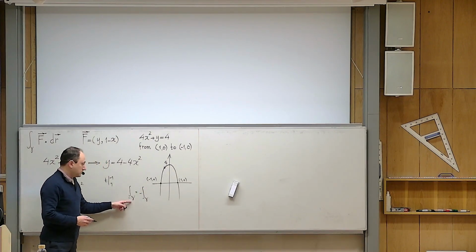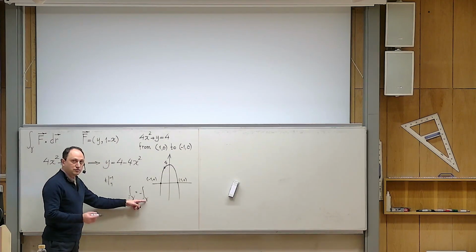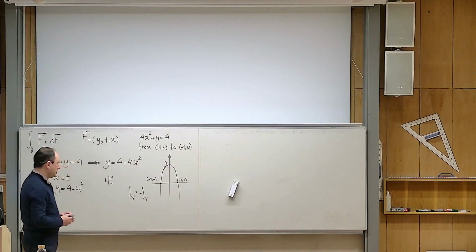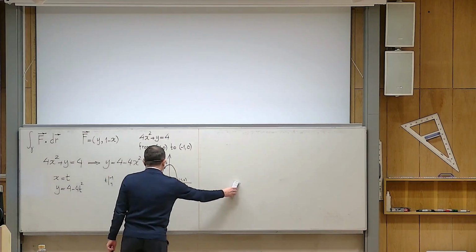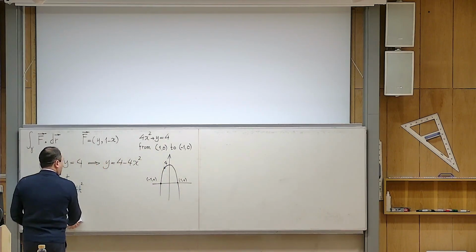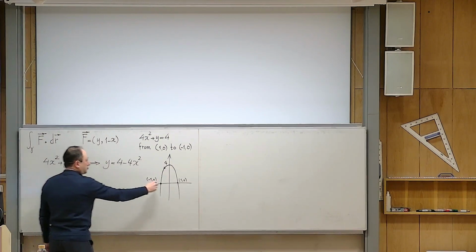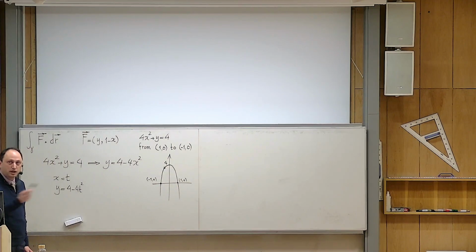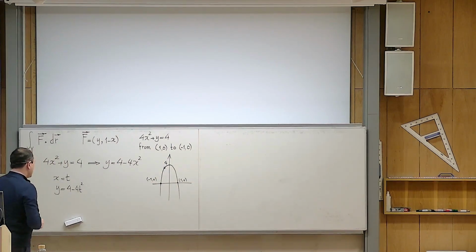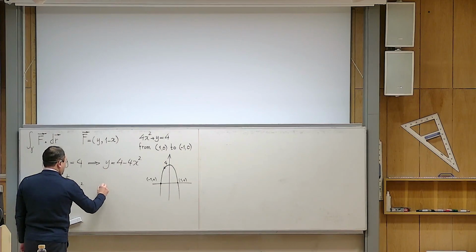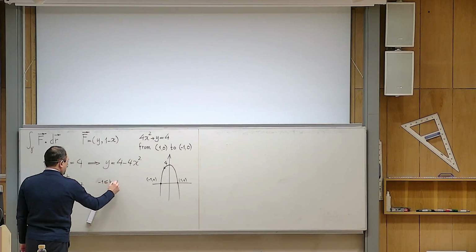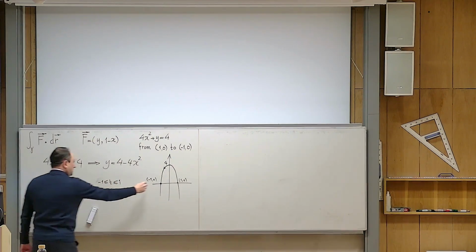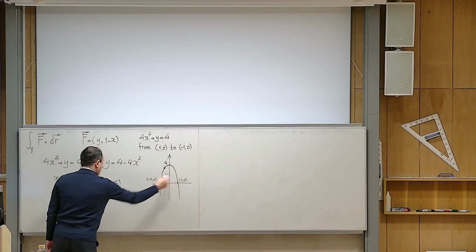By minus gamma, I mean the same trajectory traversed in the opposite direction. So we can calculate this line integral on the trajectory traversed in that direction, but you have to remember at the end to multiply everything by a minus sign. So in this case, t is in the interval from minus 1 to 1, starting from this point and going in that direction.